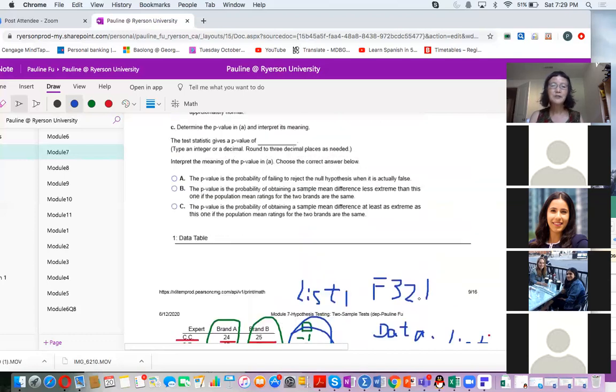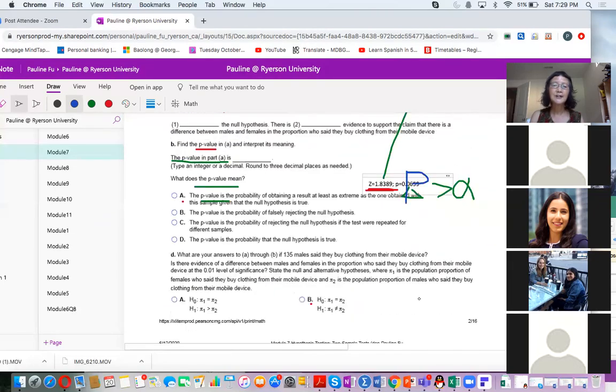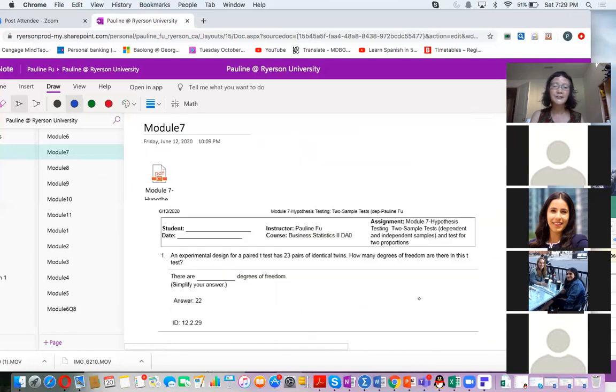In summary, in this module, we did hypothesis tests for 2 populations. We actually did 3 topics. One, we compared 2 population proportions. Second, the independent sample t-test.